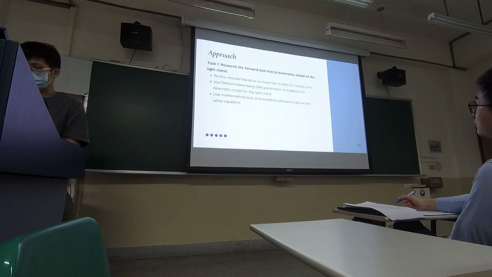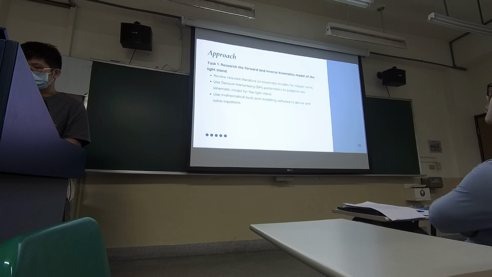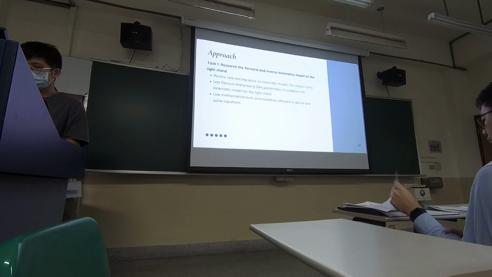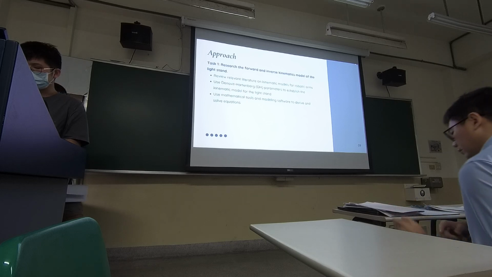We will start by reviewing relevant literature, especially on robotic arms that apply Denavit-Hartenberg parameterization to build the kinematic model for each joint. Finally, we will use tools like MATLAB, Python or MediaPipe to solve the equations, simulate kinematics, and control the light stand accurately.